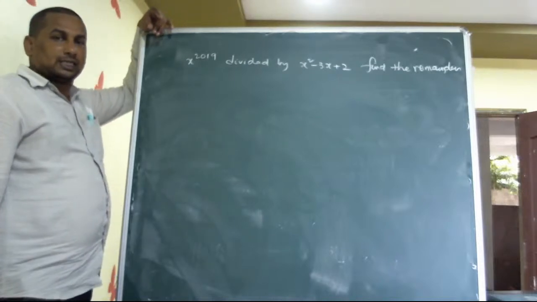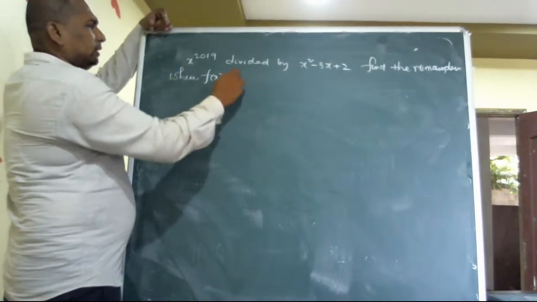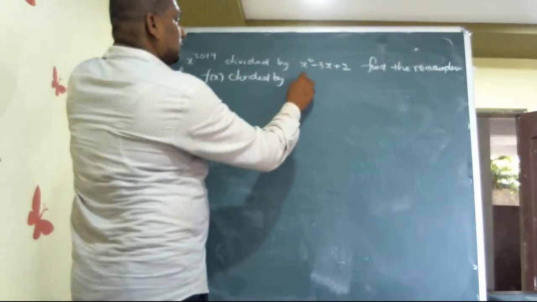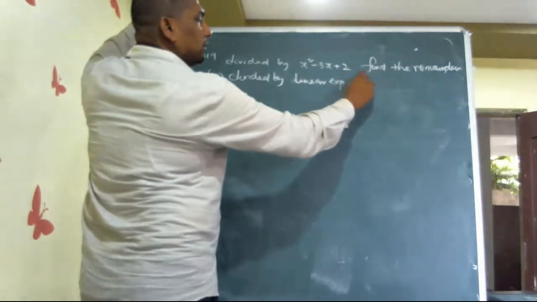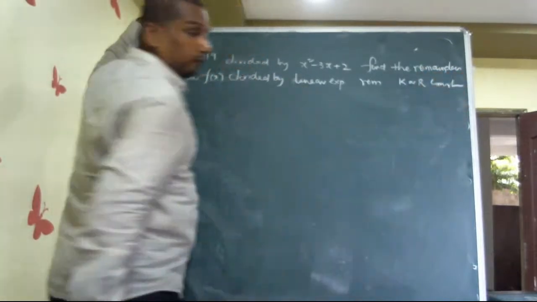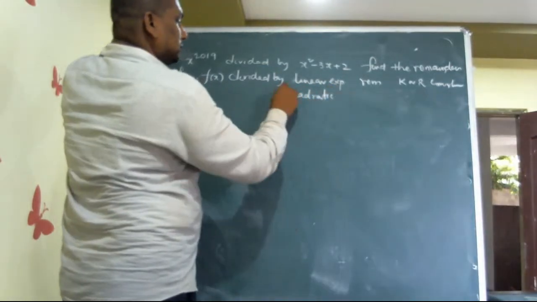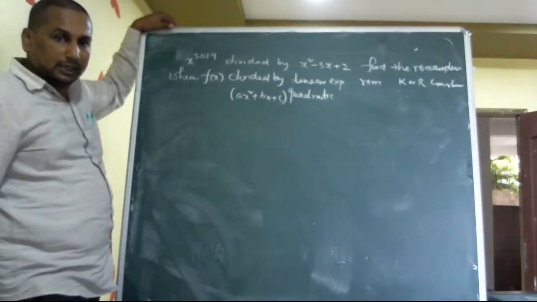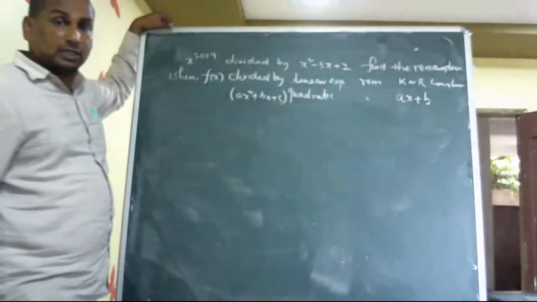Yesterday we discussed when f of x is divided by x minus a, that is a linear expression, the remainder is a constant. When f of x is divided by a quadratic, in the form ax square plus bx plus c, the remainder is a linear expression, in the form of ax plus b.